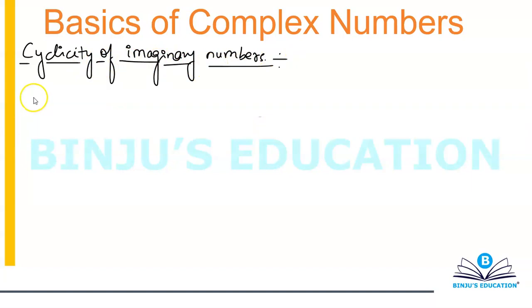If you talk about iota, that is root of negative 1. If I square both the sides, then you're going to get iota square is negative 1.